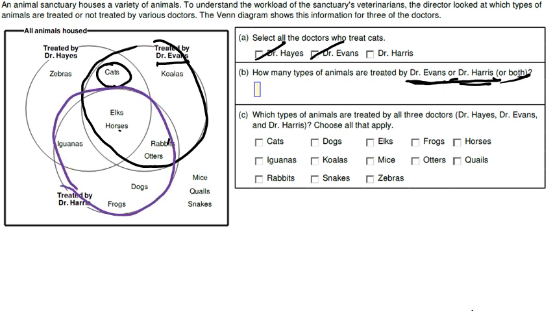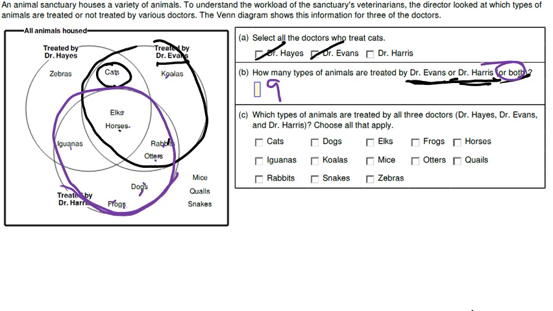So if you're in either one of those 2 circles, you are being treated by one of these doctors. And it does say both. So let's count. 1, 2, 3, 4, 5, 6, 7, 8, 9. I counted 9. I might as well try to be correct here. Because again, Alex rewards you when you get it right.